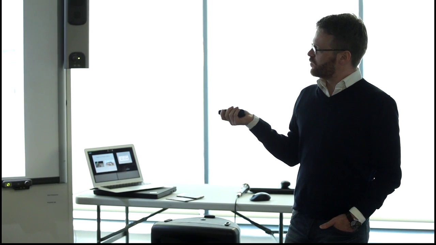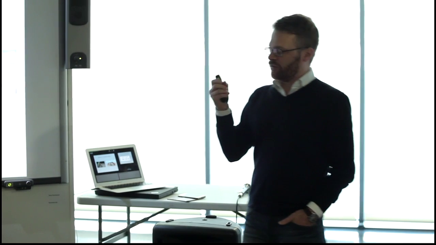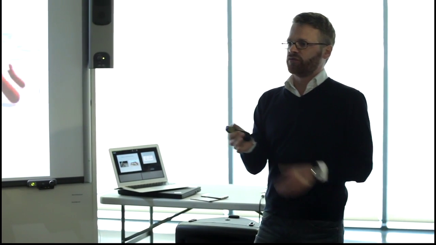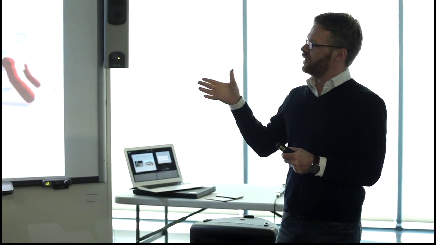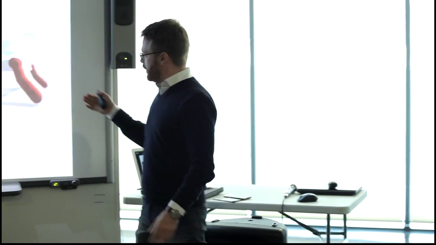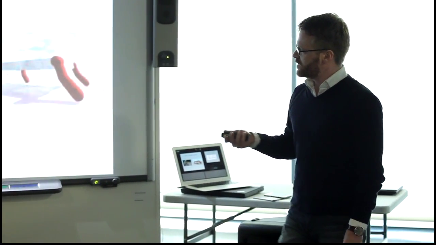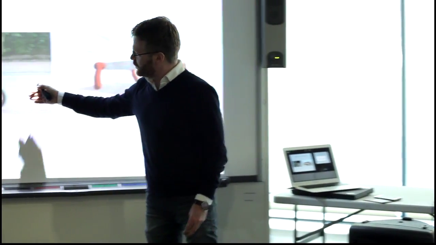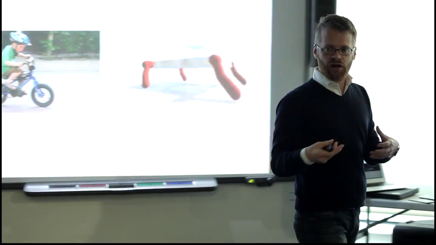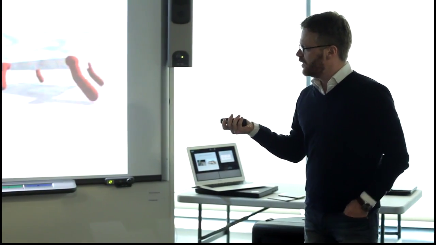Another thing we're working on is trying to make these brains more plastic, and Jean-Baptiste is going to talk later about a different approach to make these things more resilient. One common difference between what we're doing and things in nature is that they're a lot less resilient. If I cut off a leg of this robot, it will likely not work anymore, whereas I can give a kid all kinds of different bikes and they will gradually learn how to control them.